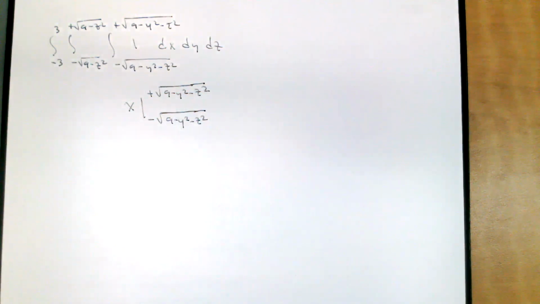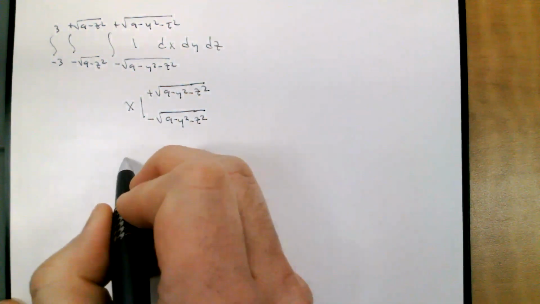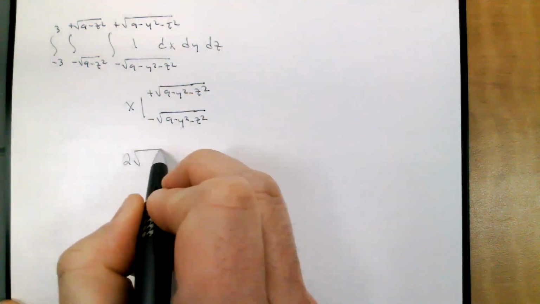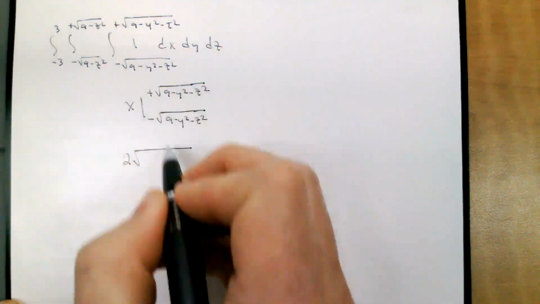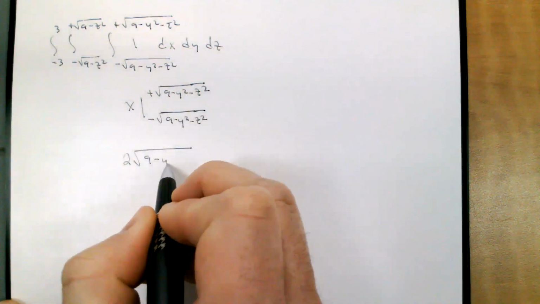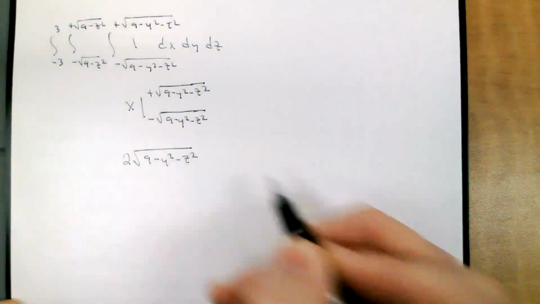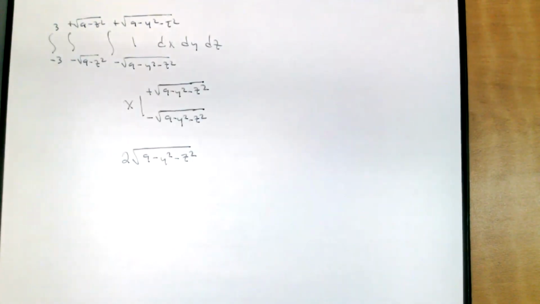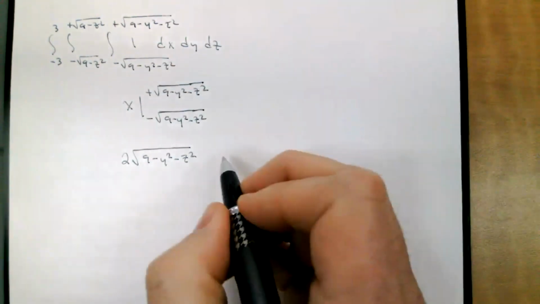So that's the first integral. Now we just need to evaluate this at the positive square root minus the negative square root. So we're going to get 2 copies of the square roots. The x drops out because we're plugging in these functions of y and z. The problem is that this is sitting inside of a dy integral.